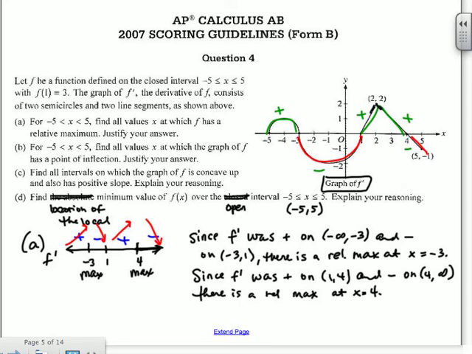Okay, B. On -5 to 5, find all values of x for which the graph of f has a point of inflection. When I think of points of inflection, I think of my second derivative. When I look at f prime, my graph that's given, my second derivative is going to be represented by the slope of f prime.